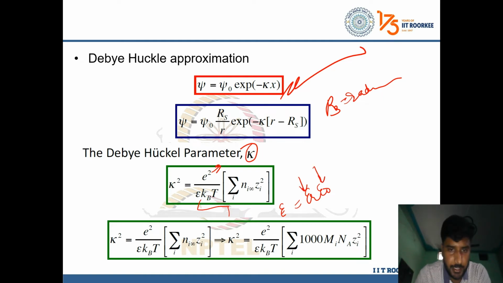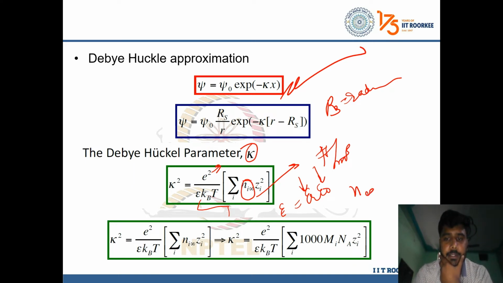And n infinity is the number density at infinity, that is the number of molecules per meter cube. You can calculate it simply by using the formula n infinity is equal to 1000 into the molar concentration, multiplied by the Avogadro number.